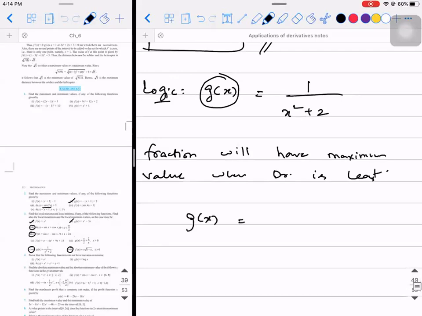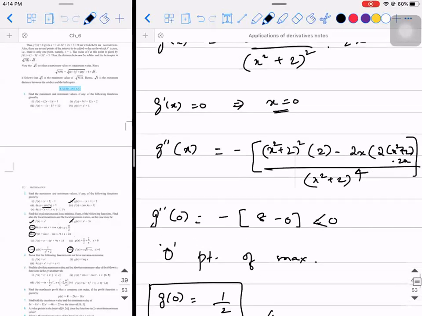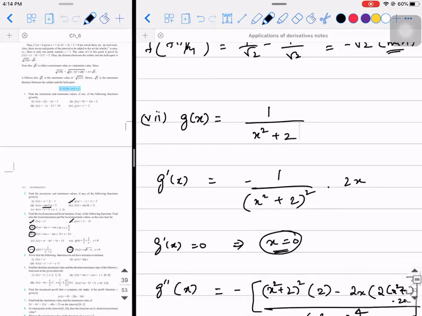So g of x is equal to 1 by x square plus 2 means, when will the denominator be the least? If you observe, you don't have x, rather you have x square. So what is the least possible value that a square can generate? 0. So that is why your answer was g of 0. That is why you got x is equal to 0 and you substituted 0 here.